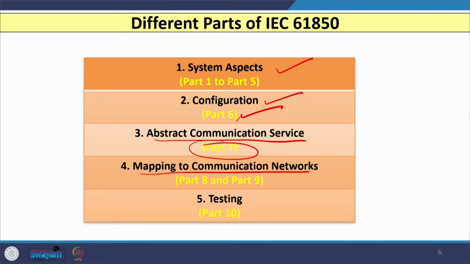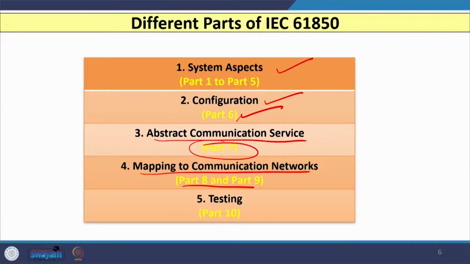Once communication is carried out, what are the different layers available in this network and how is the mapping carried out? Whether the mapping is carried out using some interpreter or by some layers will be discussed in the mapping to communication network part, and that contains 2 parts, part 8 and part 9. And the last, fifth one, is related to the testing of a particular device or IED, and that is mentioned in part 10.